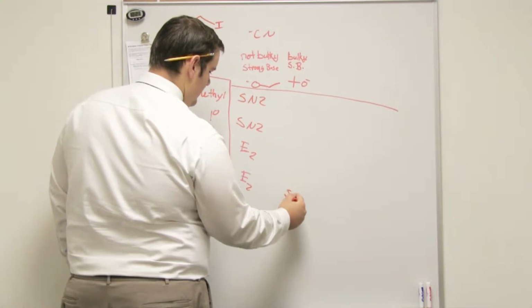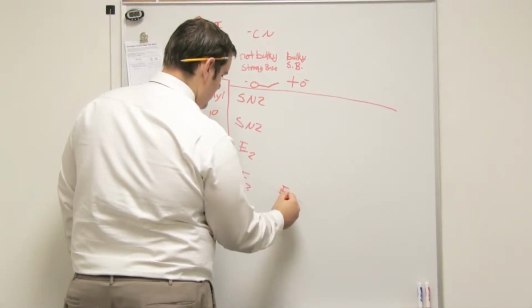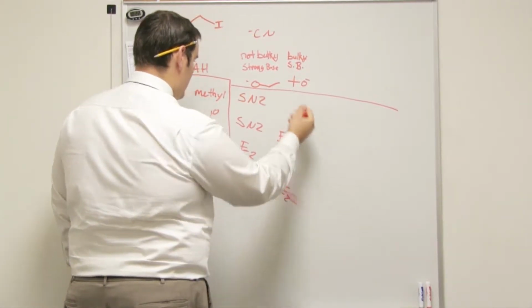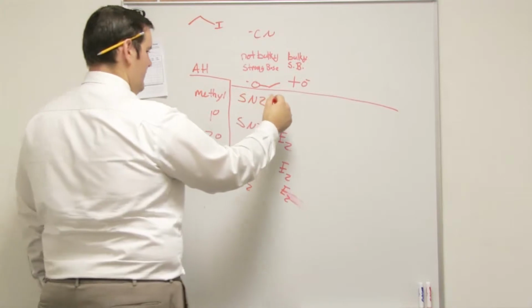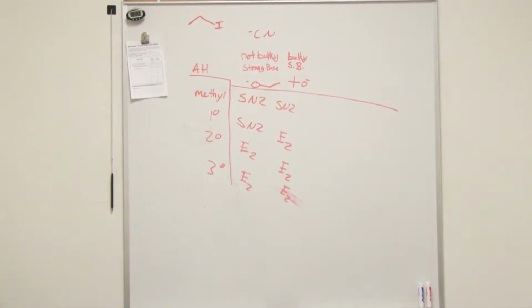For tertiary, it's going to be E2, and secondary E2 again, and primary is E2, and then methyl is SN2. Can't have elimination with methyl because there's no place to have a carbon-carbon double bond.